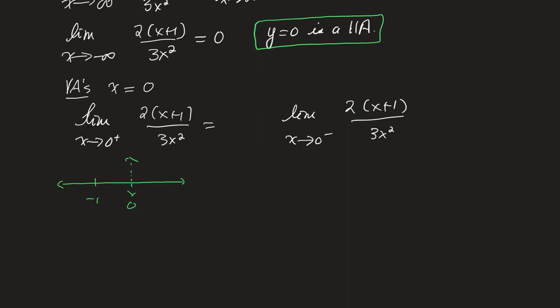So I'm going to do a little sign diagram for f. This is my function. Its sign on this interval is going to be positive, and its sign on this interval is also going to be positive. That tells me that this limit is plus infinity, and so is this one.